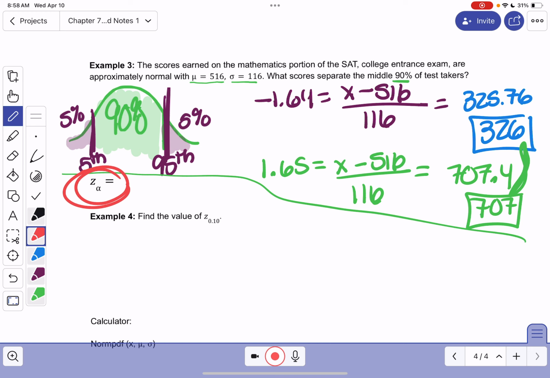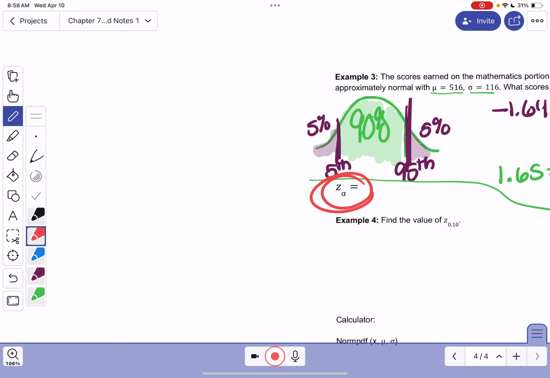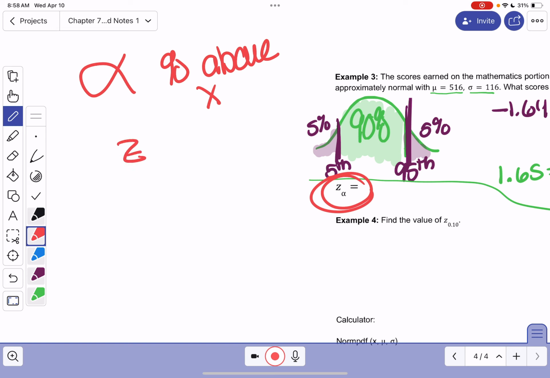Now, when you see this, Z sub alpha, alpha is this little fish-looking symbol. It just means the percent or proportion above x. So Z sub 0.5 is saying 50% above. Z sub 0.08 is saying 8% above. So if you were going to use the table, you would look up 92%, because you look up below to use the table.